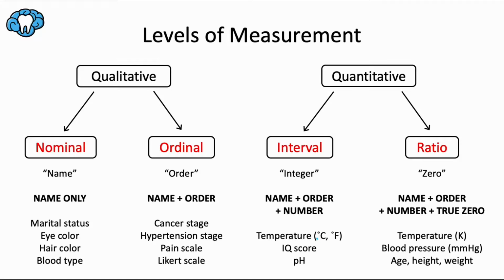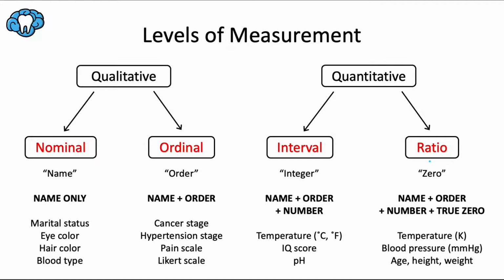Sometimes interval variables have a range of infinite values, like temperature. Not only is there 36 and 37 degrees Fahrenheit, but there are infinite measurable values between those two. Other times, interval variables are simply whole numbers, like an IQ score, or a credit score, or any test score for that matter. pH is another common example of an interval variable.